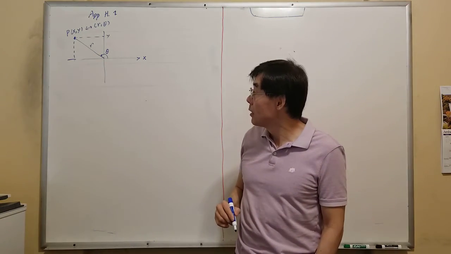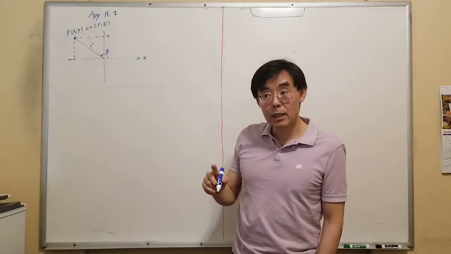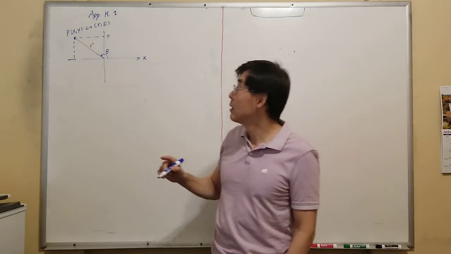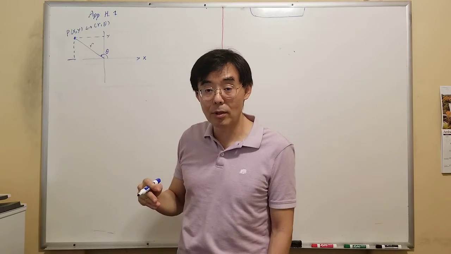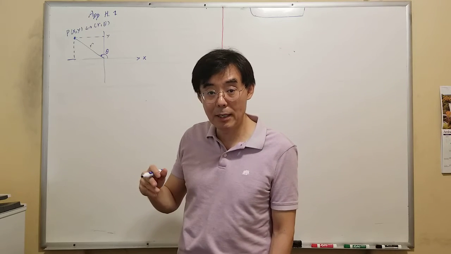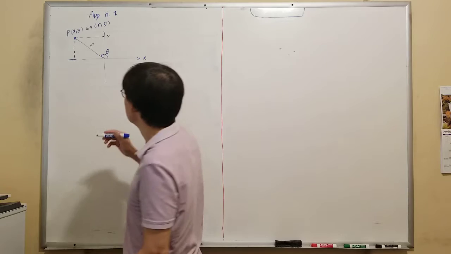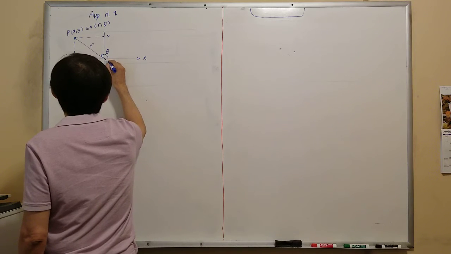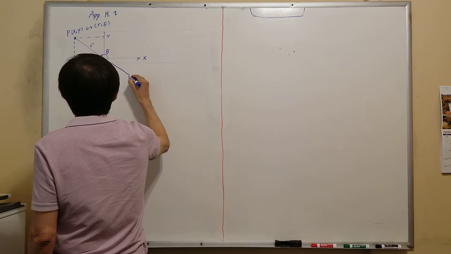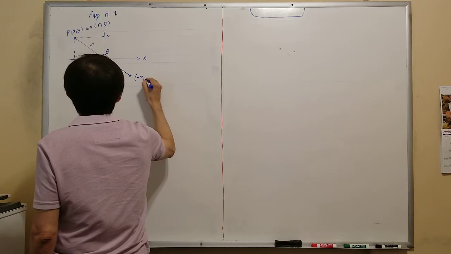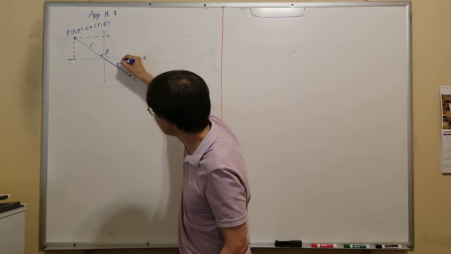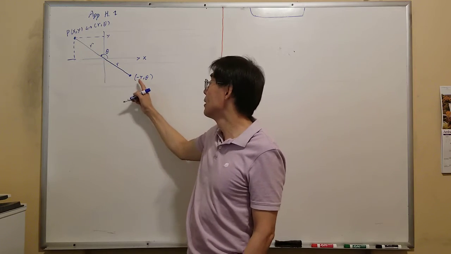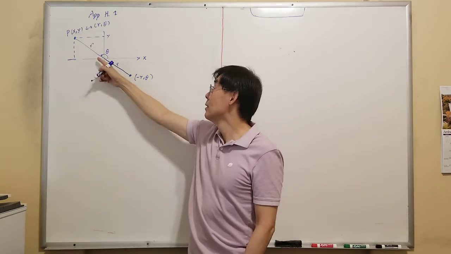Now, we find that allowing negative values of r is quite convenient. So, what does it mean by a negative value for r? That is just the other side. Negative r, theta: same distance, but the other side.